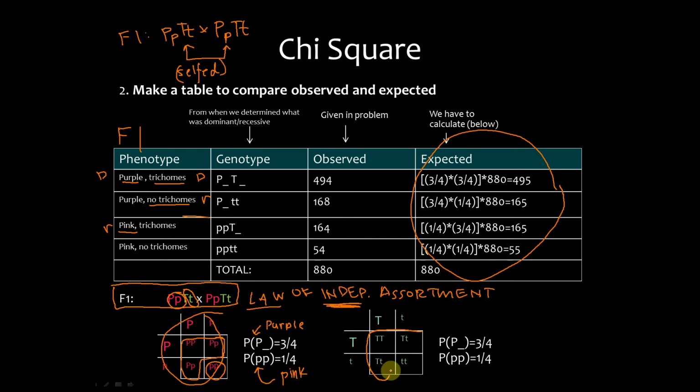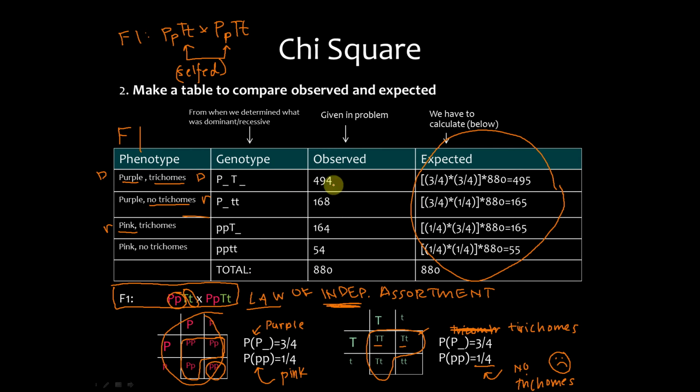So 3/4 will show the dominant phenotype of trichomes. Oops, I can't spell. That's my eternal problem. And 1/4, no trichomes, no little hairs. Really sad. I'm going to make a sad face here because trichomes are pretty cool.